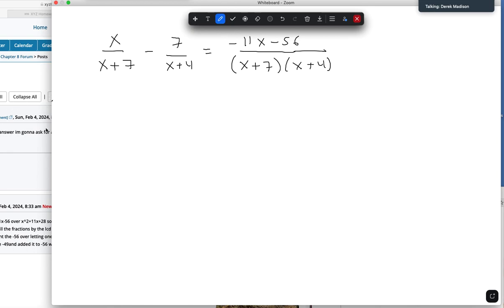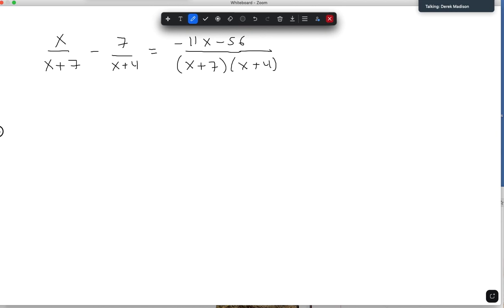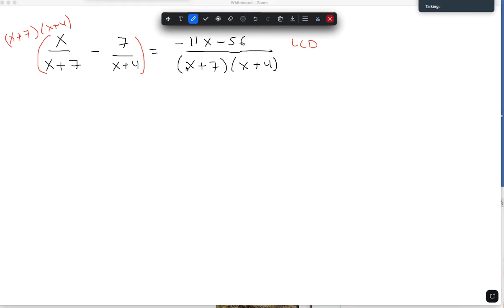Okay, so now we will use our LCD again to clear the denominators. So let's do the LCD right there, x plus 7 times x plus 4. So the plus 7s cancel there, and I have x plus 4.